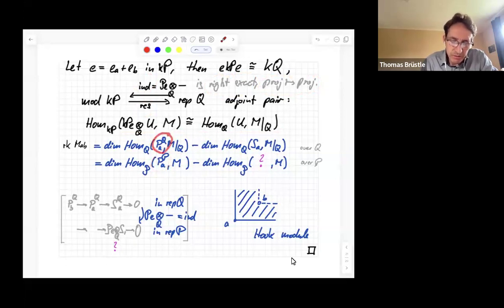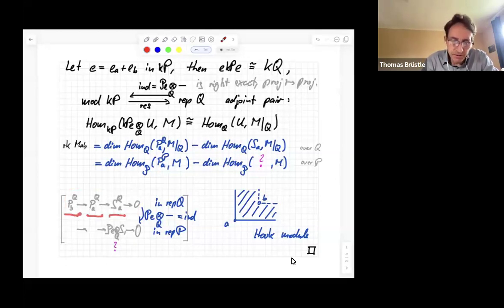Here's the projective over the smaller quiver Q. Here's the projective over the larger poset P. But projectives go to projectives. So I do know that here I have PA, and I need to compute the value there. To compute it, I give myself a projective resolution of the simple module SA. The simple module SA, as we have seen, has a projective cover PA, and the kernel will be the projective PB.